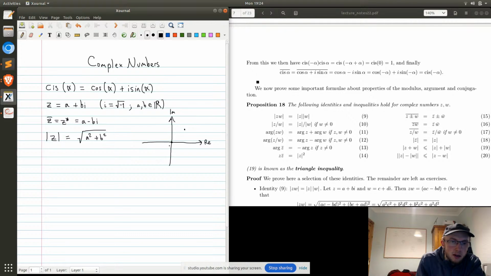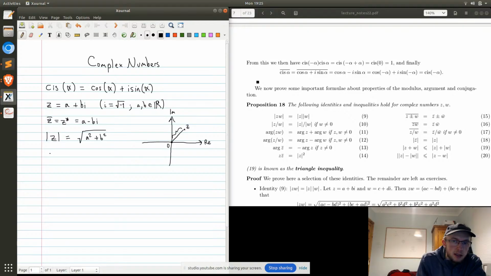And there at the origin is the number zero. And so we're talking about the direct distance away that the complex number is from the origin. That's the modulus of it.